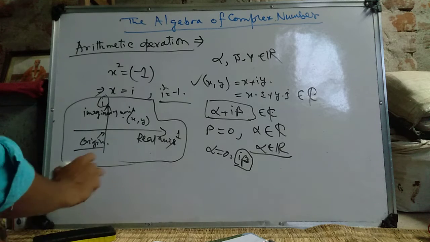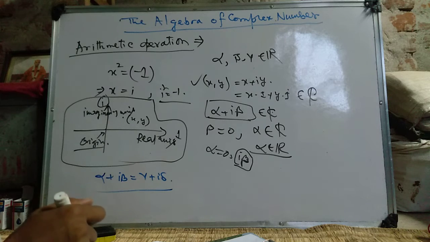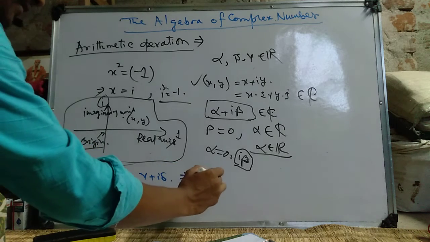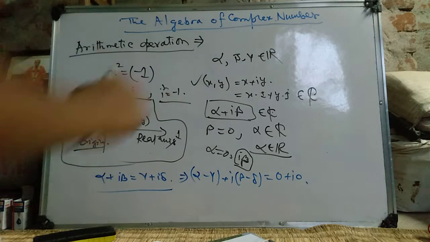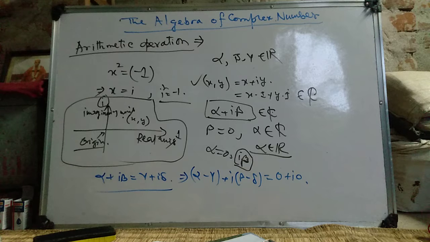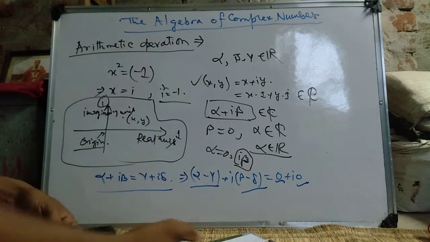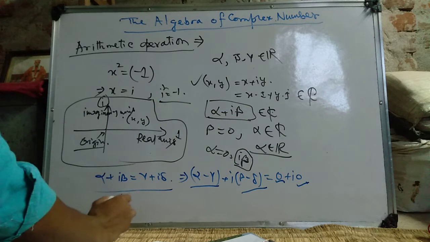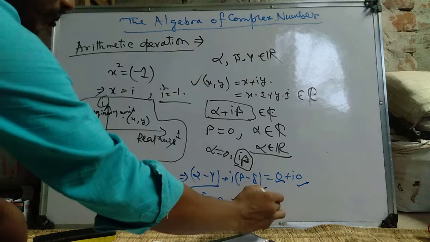Alpha plus i beta is one complex number and gamma plus i delta is another, and these two numbers are equal. Then we conclude alpha minus gamma plus i times (beta minus delta) equal to 0 plus i times 0. In a simple way, we compare the two quantities on both sides of the equality: the real part with the real part and the imaginary coefficient with the imaginary coefficient. Then we find alpha minus gamma equal to 0 and beta minus delta equal to 0. Then we get alpha equal to gamma, beta equal to delta.